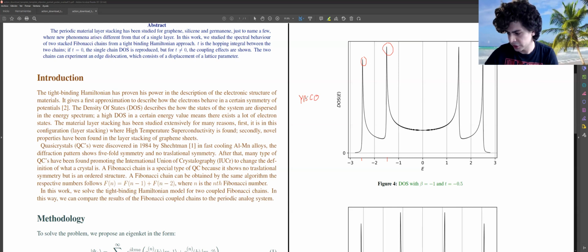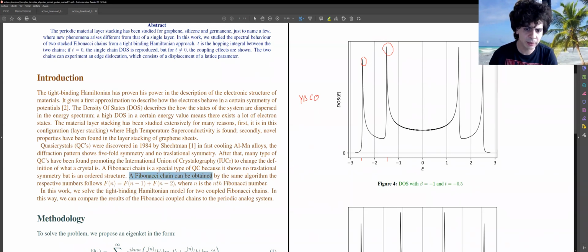Well, Fibonacci. What is Fibonacci? Fibonacci is a certain type of quasicrystal. And what are quasicrystals? Quasicrystals are materials with atomic order, but with forbidden fold symmetries and no translational symmetry.